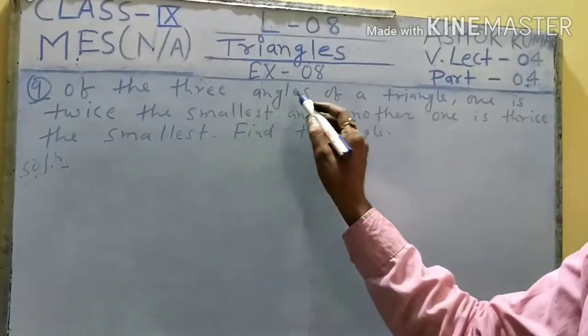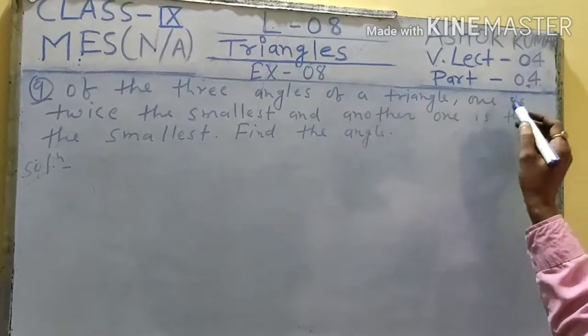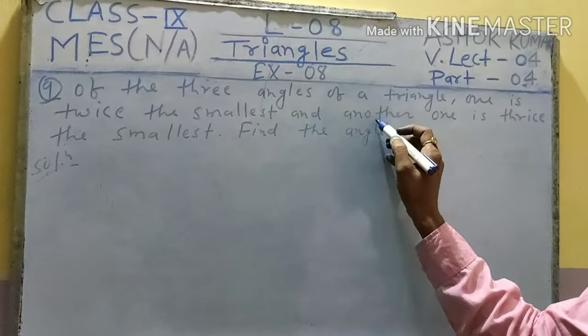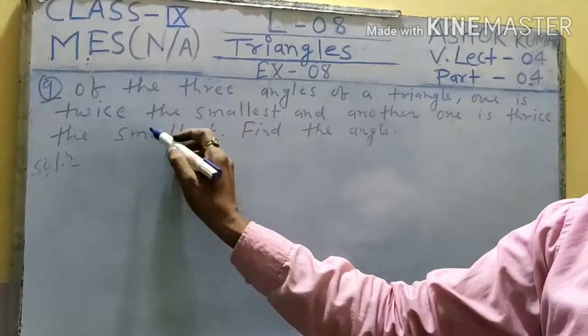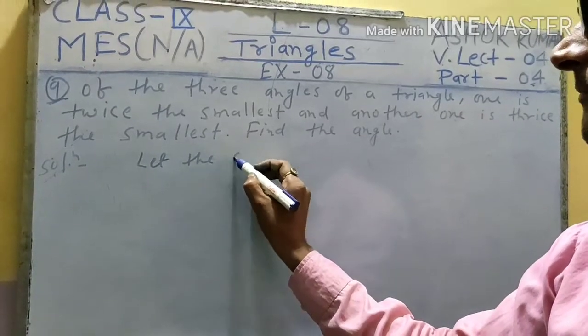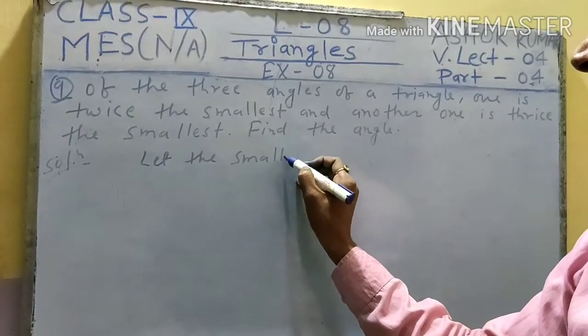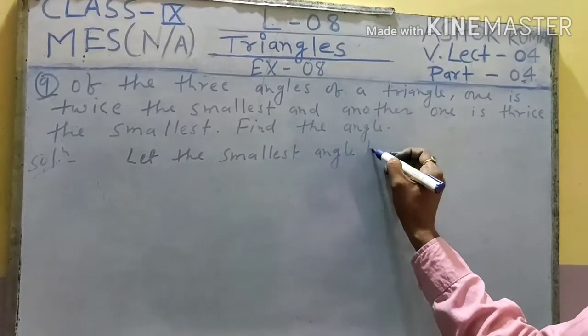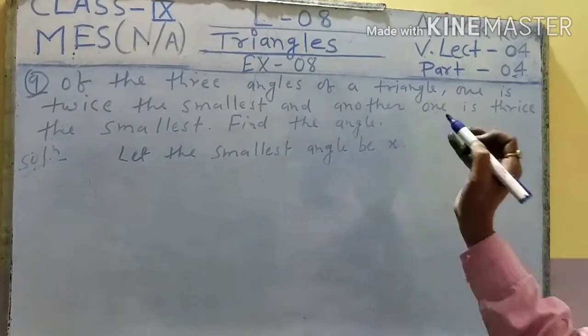Of the 3 angles of a triangle, one is twice the smallest and another one is thrice the smallest. Here student, first of all, let the smallest angle be x.